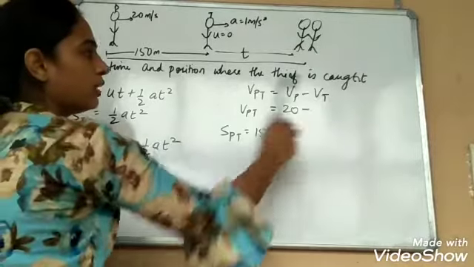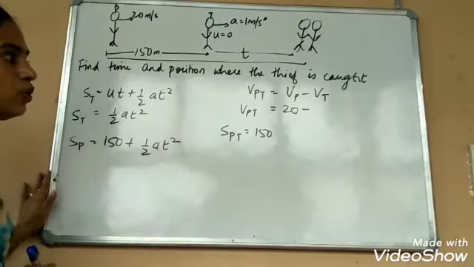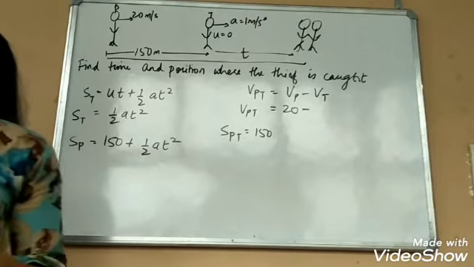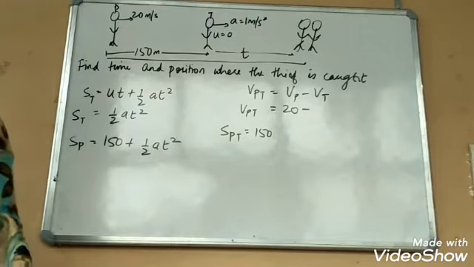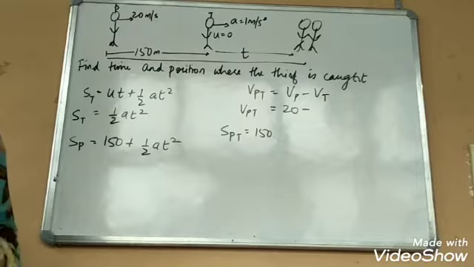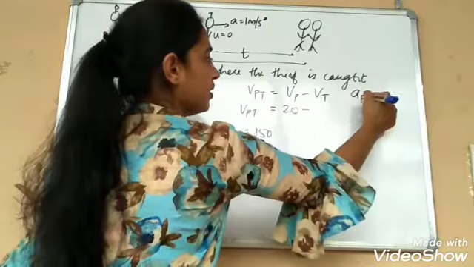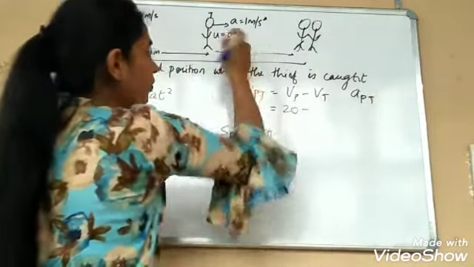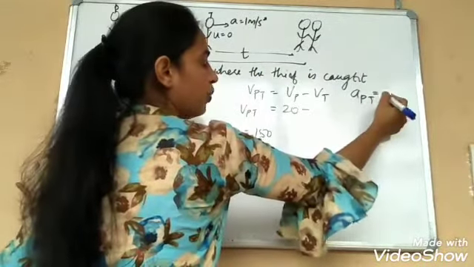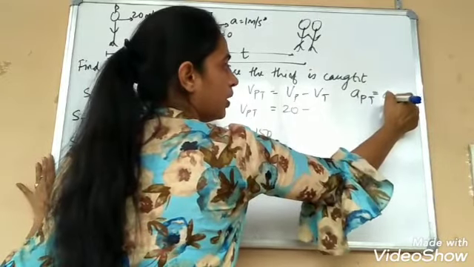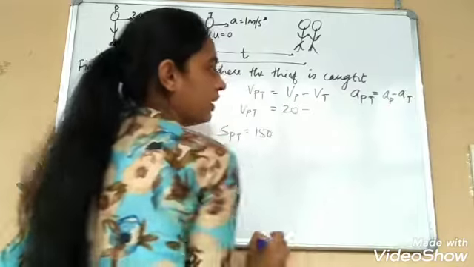Now, how can we find the velocity of thief with respect to the ground? Here we have been given the acceleration of police, and the acceleration of thief we know. So the acceleration of police with respect to thief is equal to acceleration of police minus acceleration of thief.